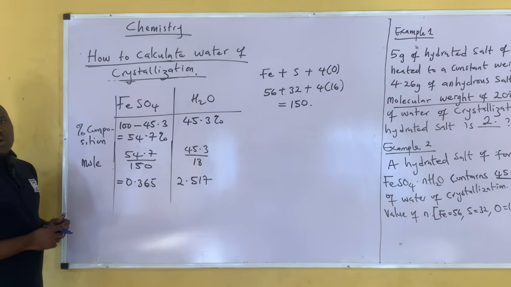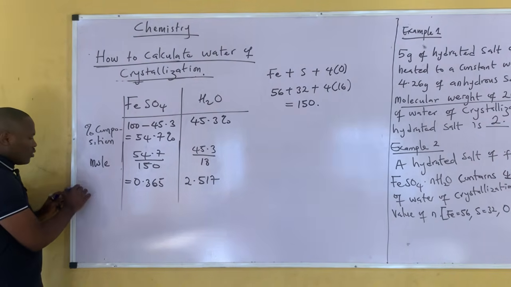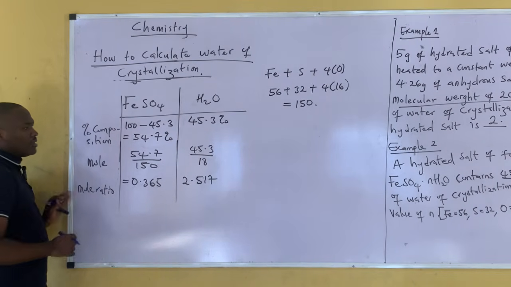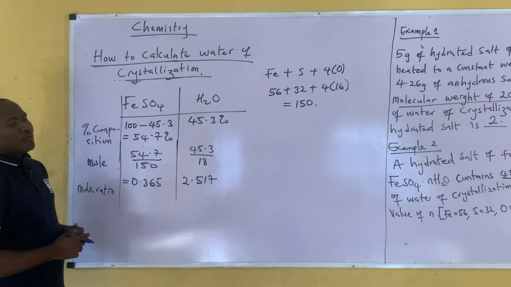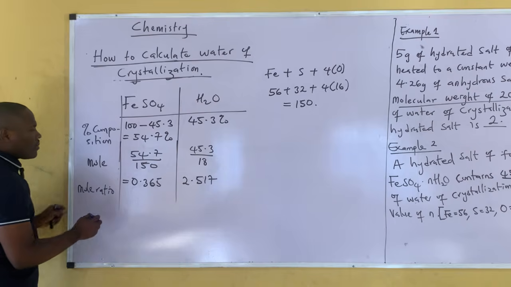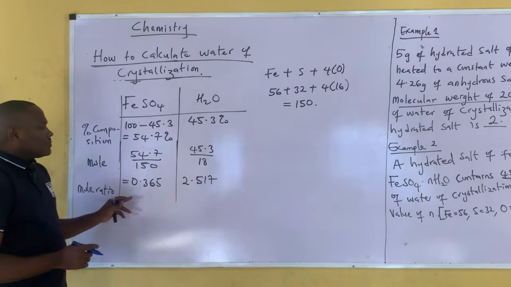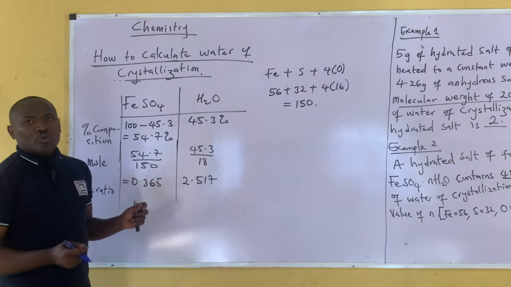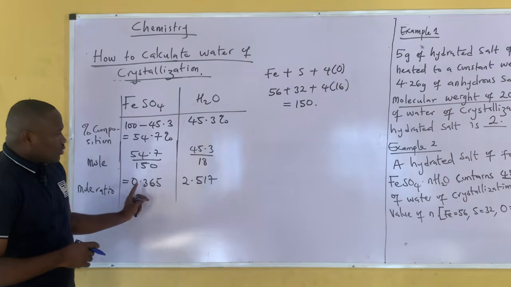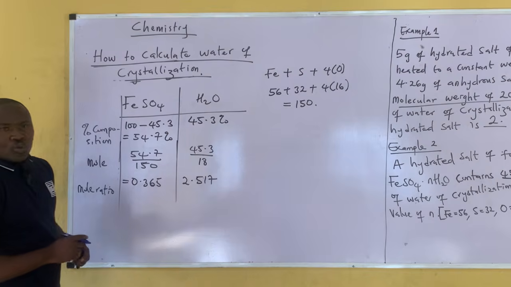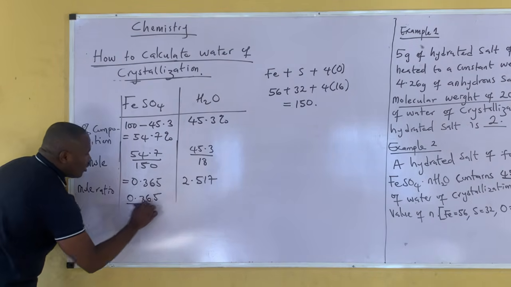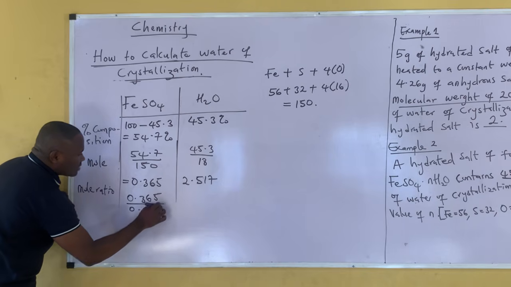So what's the next thing I will do? I will find the mole ratio. If you have no understanding of empirical formula, visit our video about empirical formula to get a good understanding of how to calculate it. Now, what's our mole ratio? Mole ratio is dividing the individual mole by the least mole we have. This is the least mole. This is smaller than this. So what becomes this? I have 0.365 over 0.365.